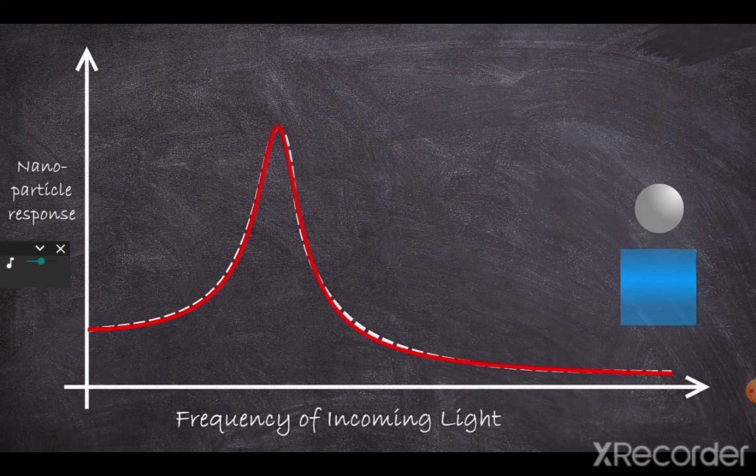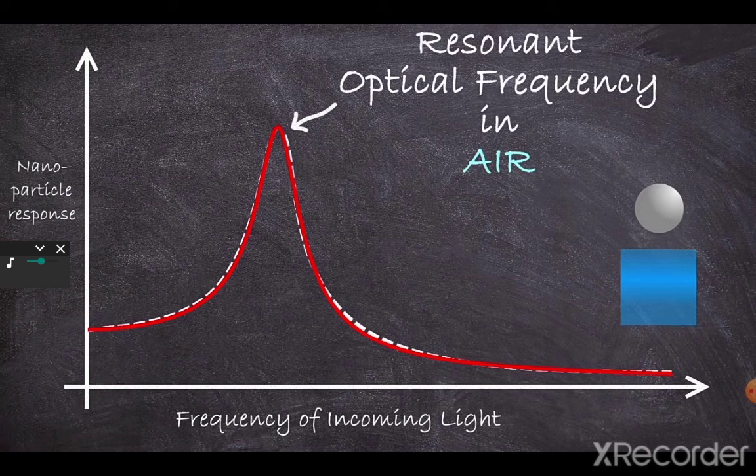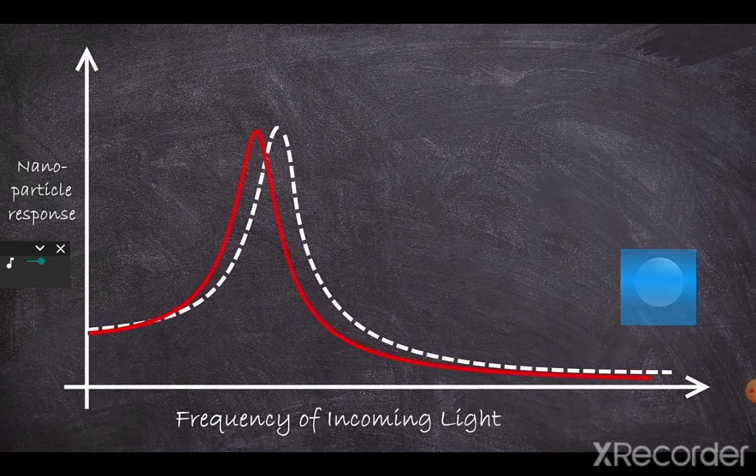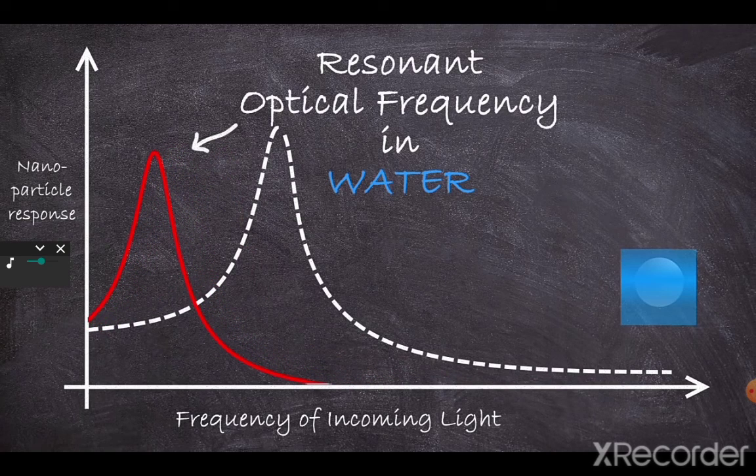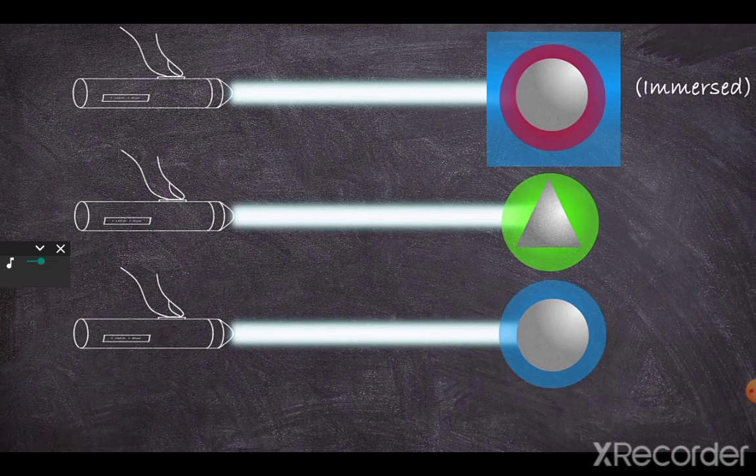If I have a metallic nanoparticle in a vacuum, and it has a certain plasmonic resonance, and then I go and place it in, let's say, water, the frequency of this resonance will redshift. It'll move to a lower frequency. Another way of saying this is that if I illuminate this particle with white light, which contains all colors, its color will shift depending on its shape and its surroundings.